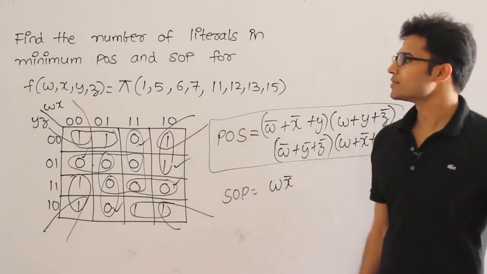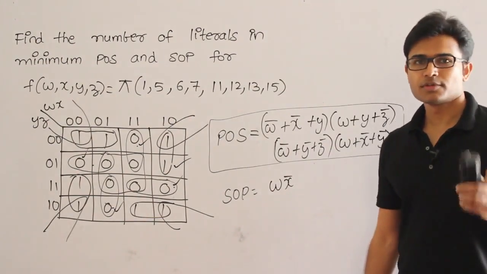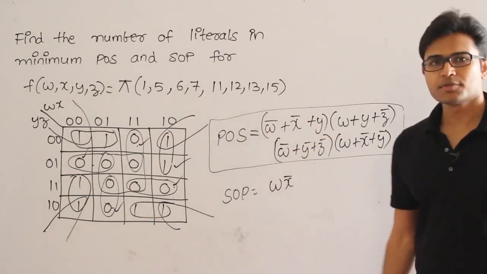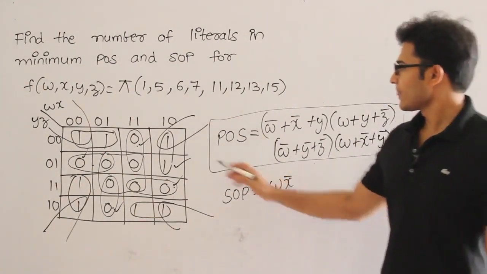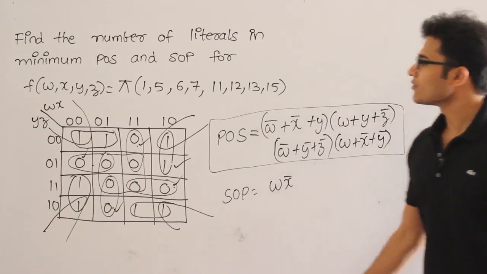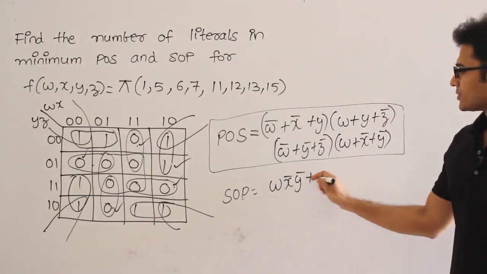Why x prime? Because x is 0. When we are talking about the product terms, 1 means true, 0 means complement. When you are talking about the sum terms, 1 means complement, 0 means true. And y is not changing, therefore y prime, plus.